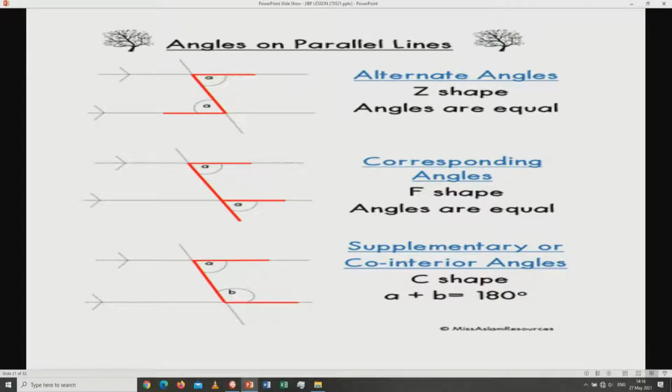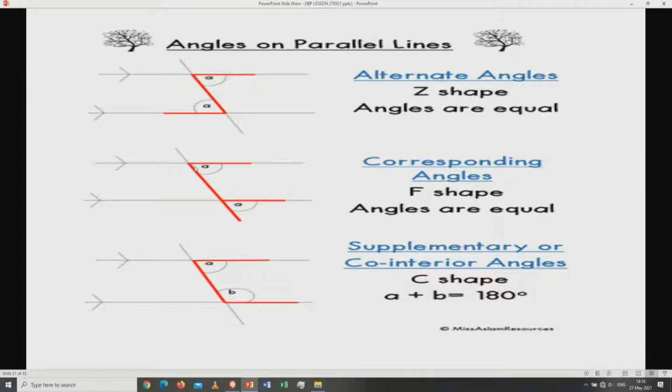There is your Z again. Remember looking at that pattern. Alternating angles, Z shaped or N shaped, whichever way you look at it. Parallel lines, a transversal, on either side of a transversal. They alternate, they change position.